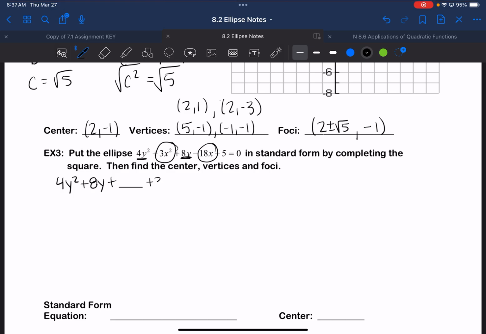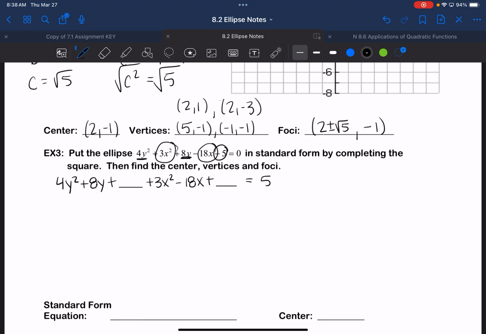So plus 3x squared minus 18x plus blank. And then I'm going to move this constant of that -5 to the other side. Okay. So now we just need to figure out what we're going to put in the blanks.